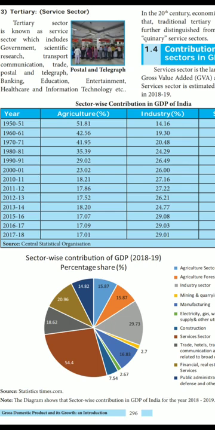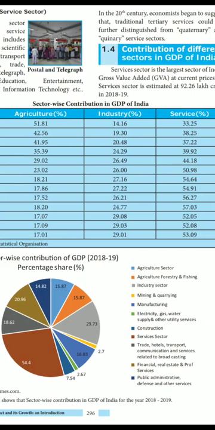Okay, this pie chart, what do you understand about this pie chart? So here agricultural sector, how much percentage? Can you identify how much percentage this agricultural sector is? That is 15.87%. Next, agriculture, forestry and fishing.